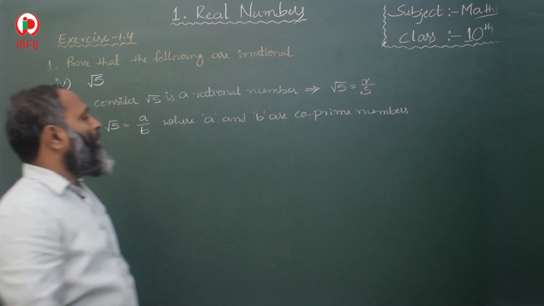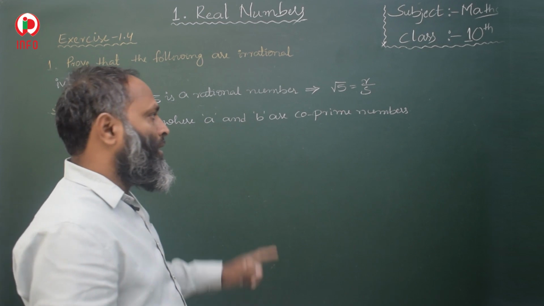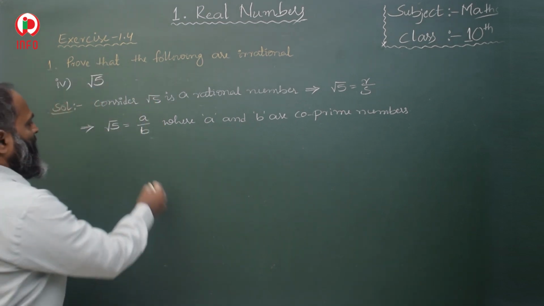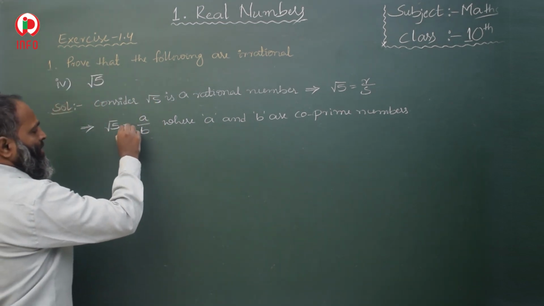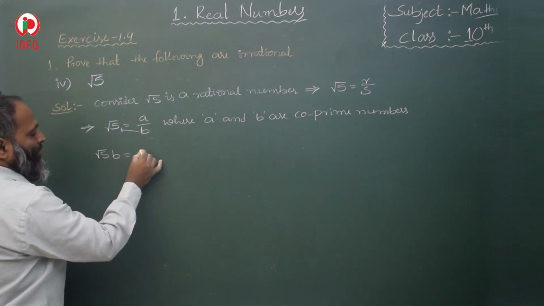In coprime numbers we have 1 as a common factor, no other common factor, so remember that. Now if you transpose b to the RHS, root 5 b is equal to a.